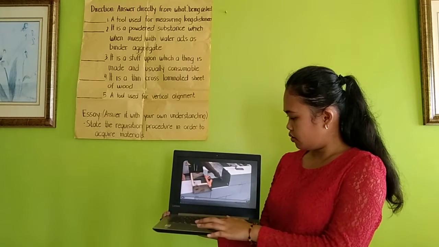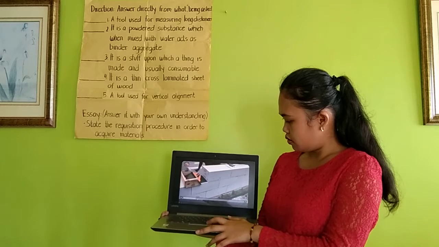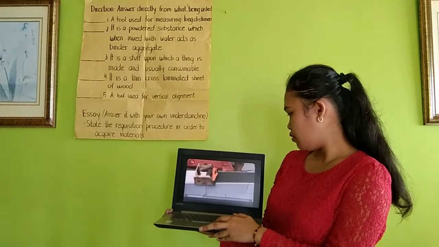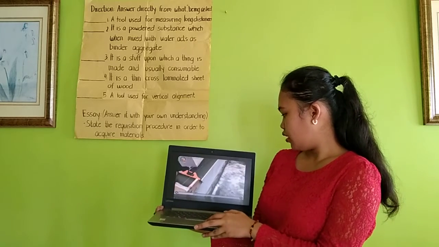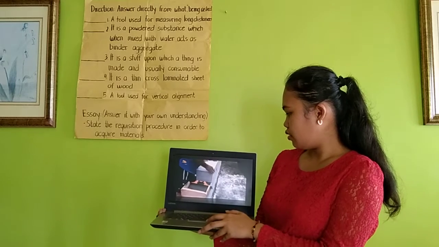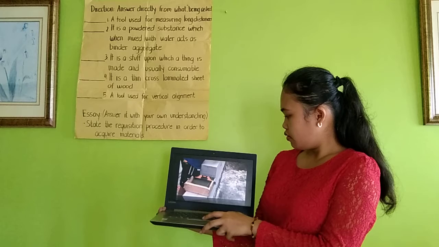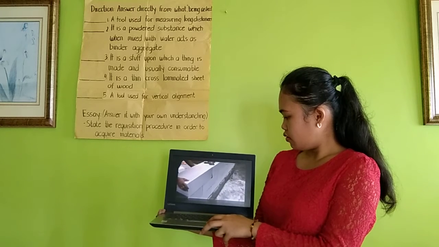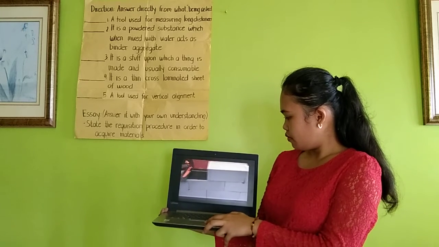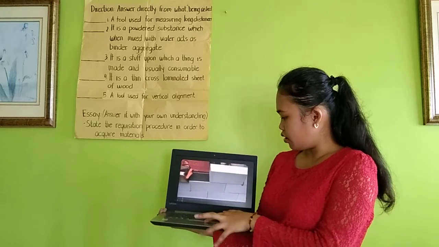So, a technique for easy and convenient way of constructing a building.